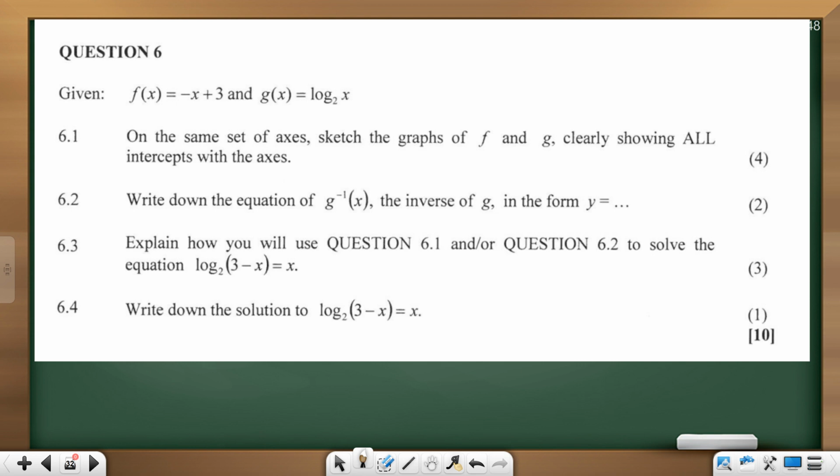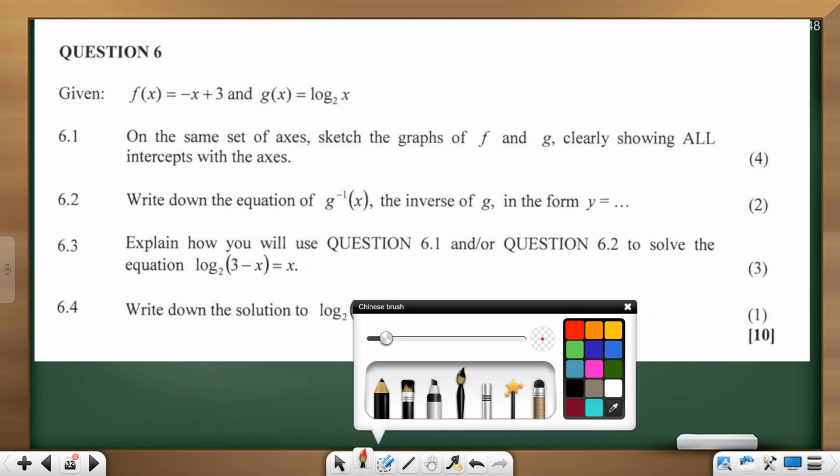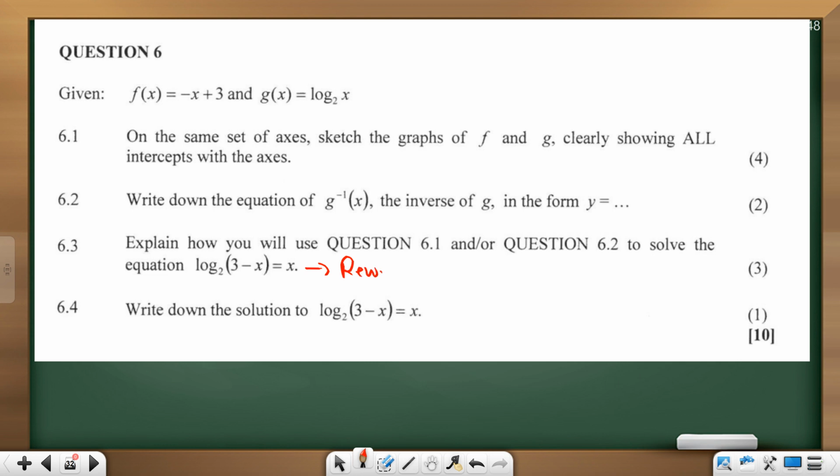It looks hectic, ne? But let's see. Every time you see functions like this, and an examiner comes below, it will happen again in trig. Always rewrite this in terms of your original functions. You will see your answer coming up.